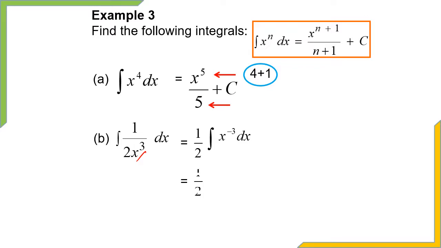We have x to the power of negative 3 plus 1, which gives negative 2. And then we also divide by negative 2 at the bottom, and then plus c. To simplify the answer, we will get negative 1 over 4 of x to the power of negative 2, or we can put x to the power of 2 in the denominator, and then plus c. So just apply the rules of indices.